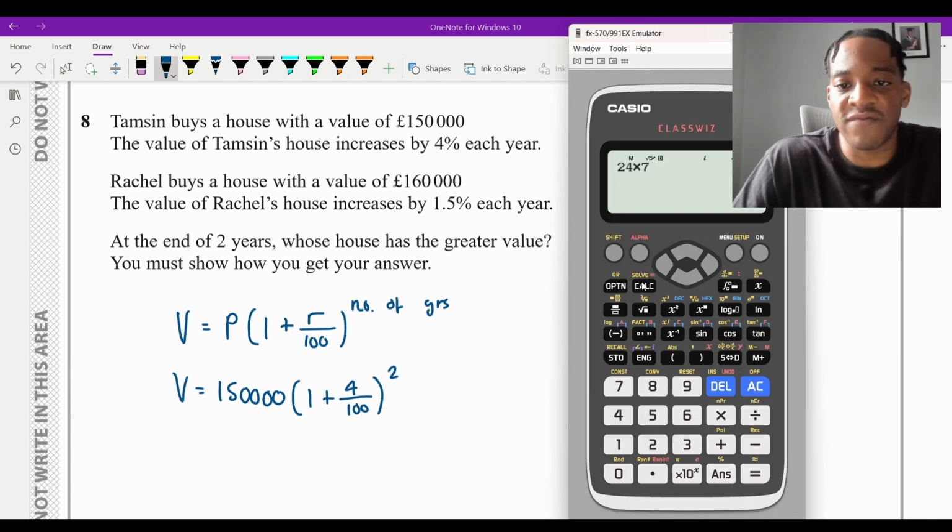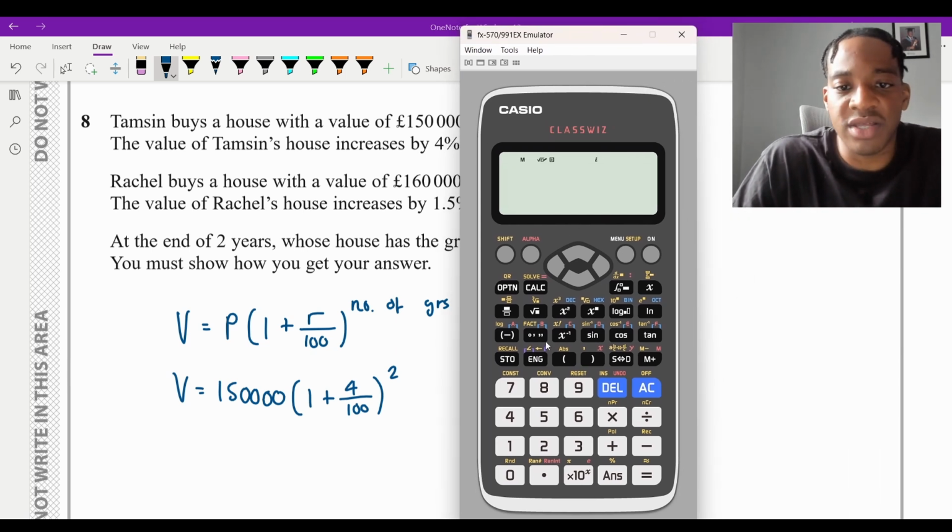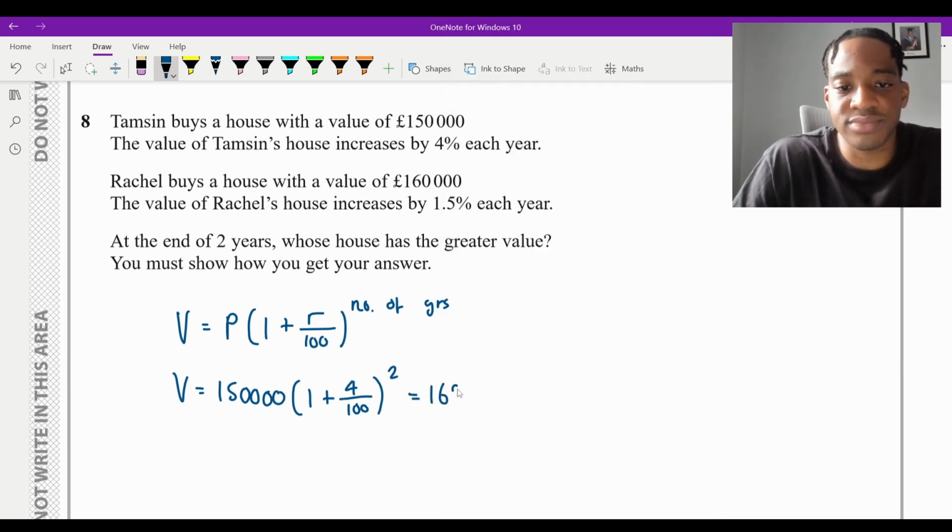This will give us 150,000 multiplied by 1 plus 4 over 100 to the power of 2. And we get 162,240. And this is how much money Tamsin has at the end of 2 years.